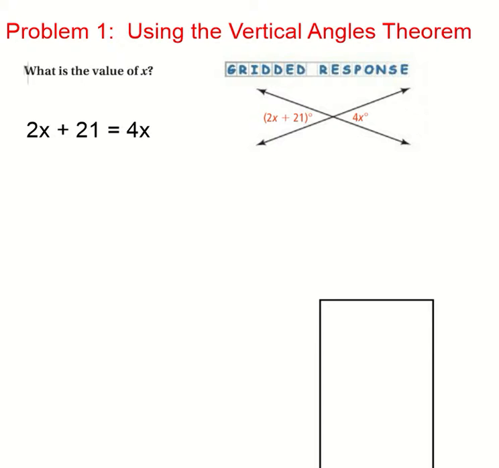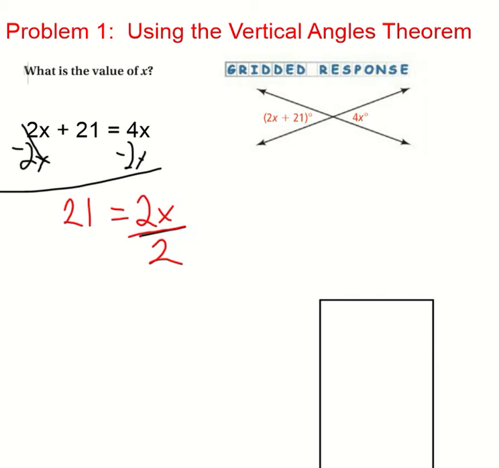We want to get the x's together, and so we're going to use our subtraction property of equality to subtract 2x from here and subtract 2x from here. Get rid of those, we're left with 21 equals 4x minus 2x, which is 2x. And then remember, we can use our division property of equality to divide both sides by 2.